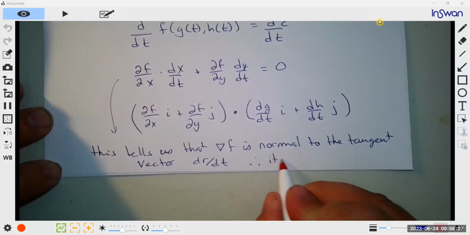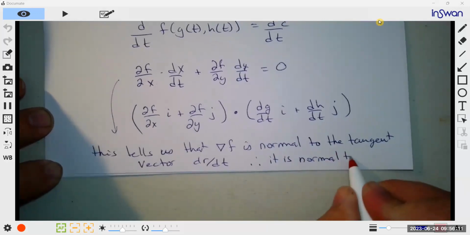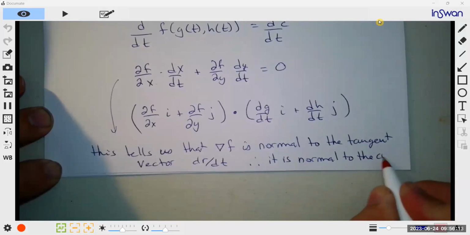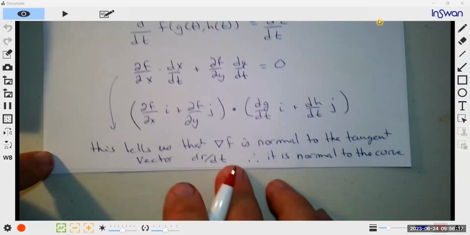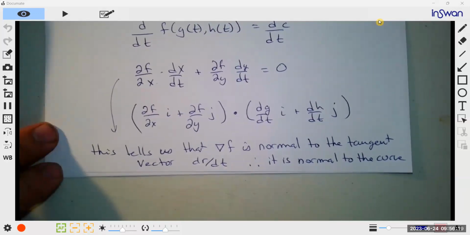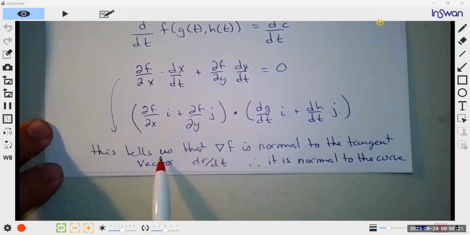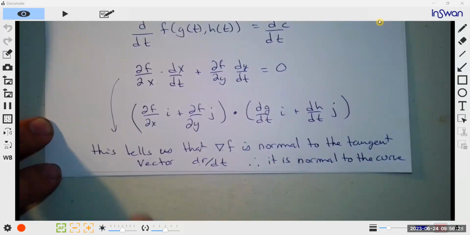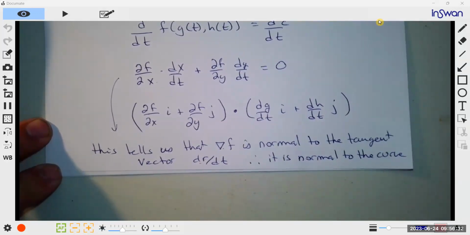So it is normal to the curve. Remember, we defined the smooth curve as r. So we take the derivative of r with respect to t, and if the del function is normal to the tangent vector r prime, then it's also normal to the curve.